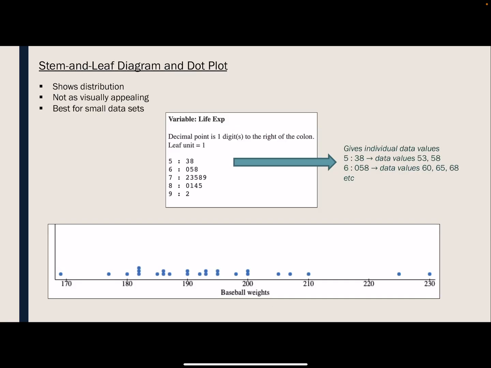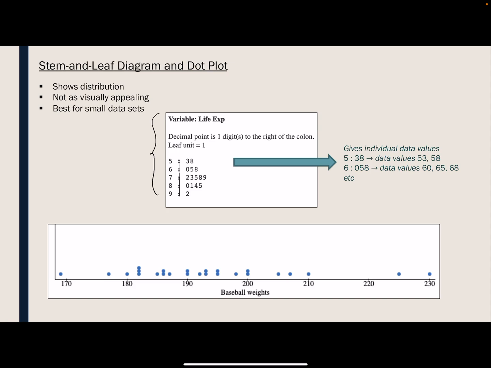The other two types of displays that we have for quantitative data are the stem and leaf diagram and the dot plot. So this first one right here, this is a stem and leaf diagram. And these are a little bit tricky to read at first. This one shows colons between the 10 spot and the data values, but sometimes there's a line here.